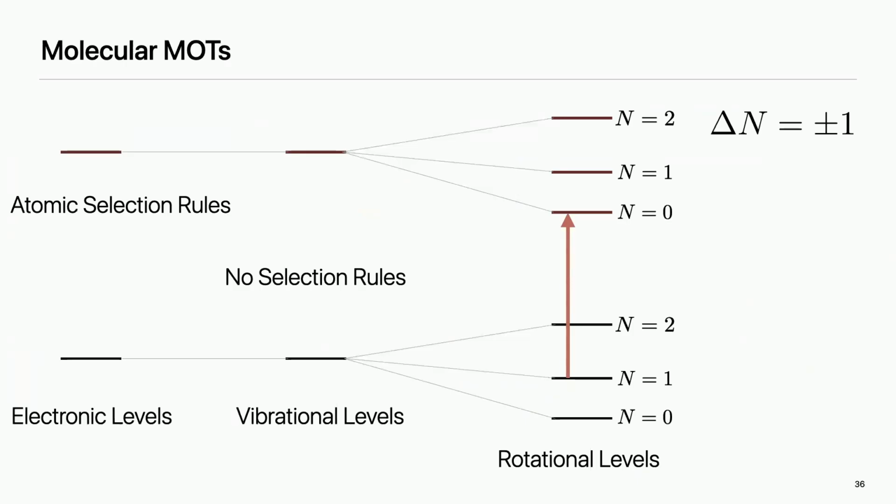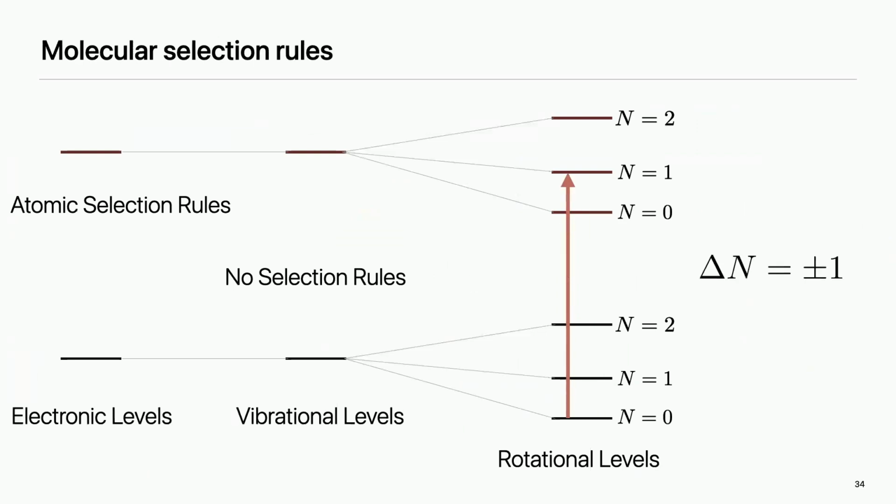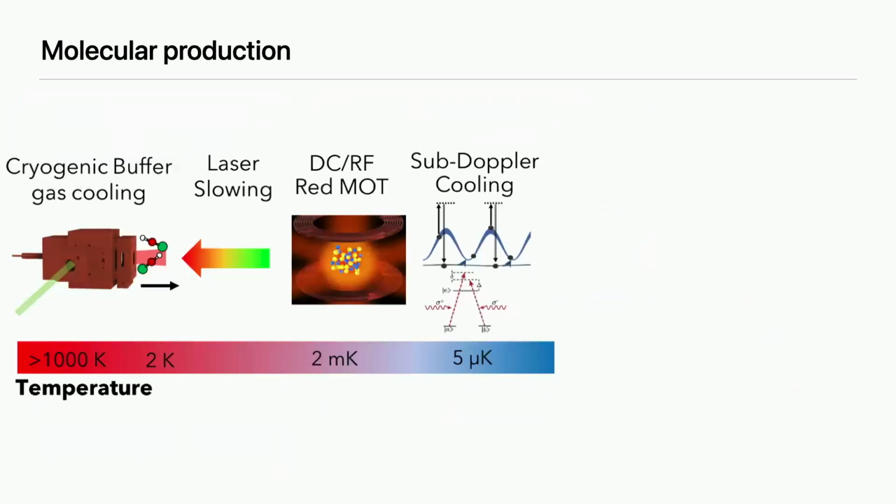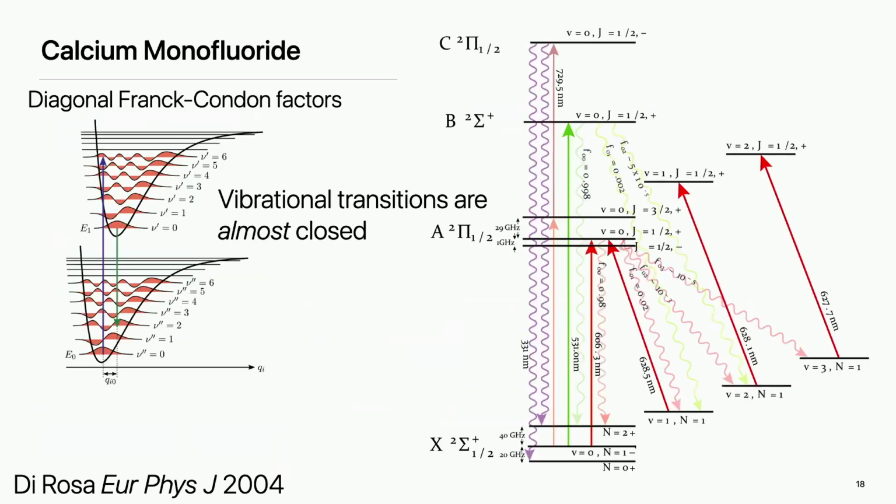Yeah, so this no selection rules is true. Basically, what you actually want is, okay, there's some binding potential, right? So if I have two atoms very far away, you can think of it as an unbound molecule. And as I bring them closer together, it's some different amount of vibrational excitation.